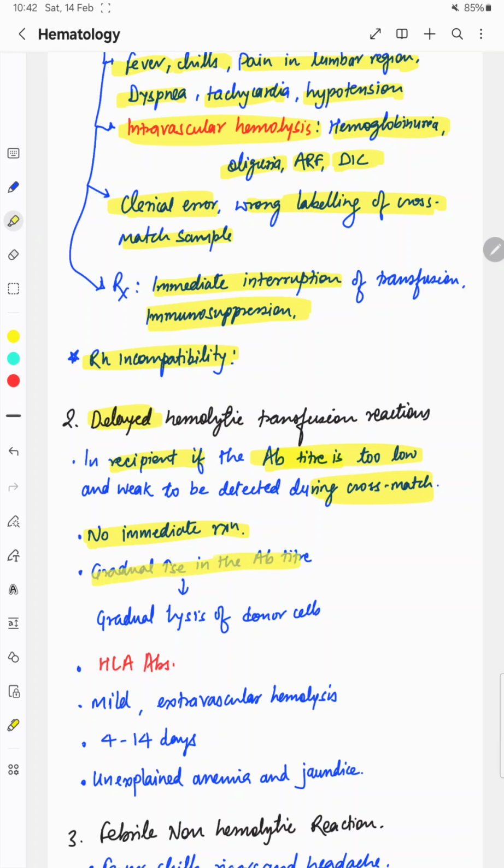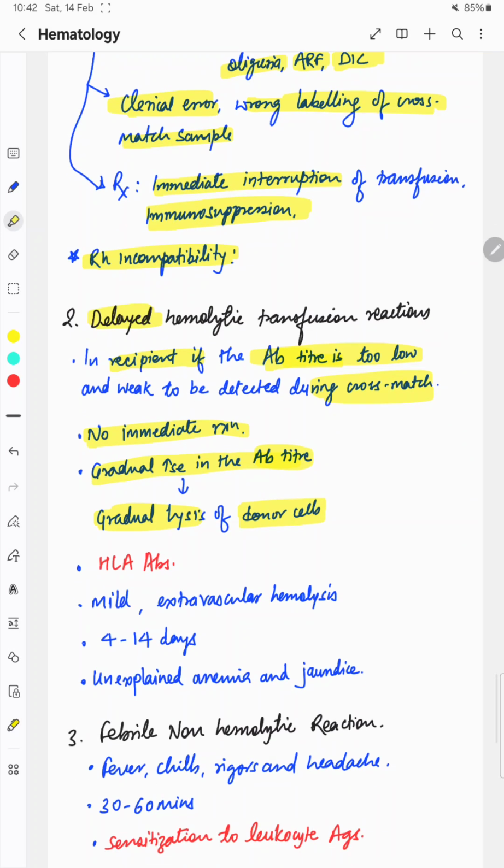Then there is a gradual increase in the antibody titer, resulting in gradual lysis of the donor cells. These are mainly HLA antibodies, resulting in mild extravascular hemolysis, usually seen after 4 to 14 days of the transfusion, presenting as unexplained anemia and jaundice.